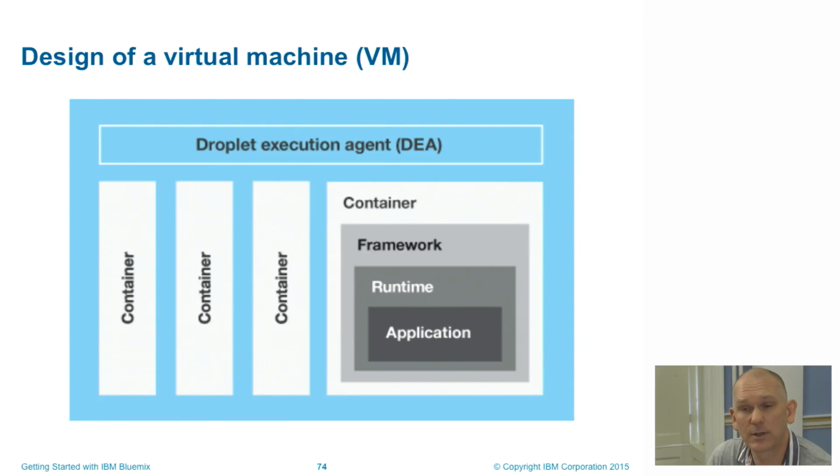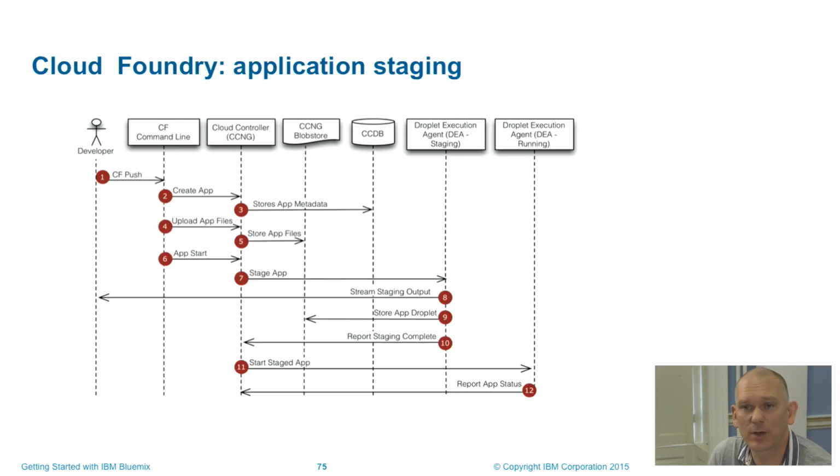And then within each container, I have a framework and runtime. These come from the Buildpack, which we'll talk about later on, and then my application sits within that runtime. The droplet execution agent is responsible for actually assigning my application to a container and then starting and stopping that container.